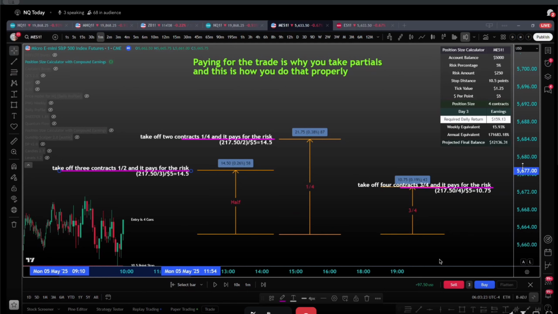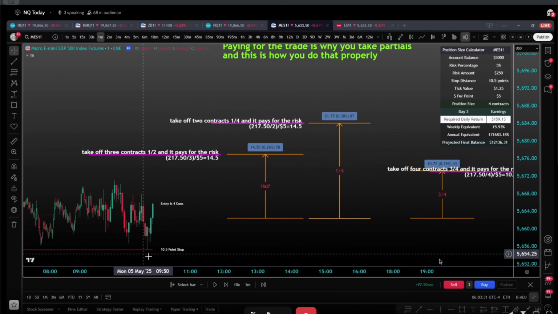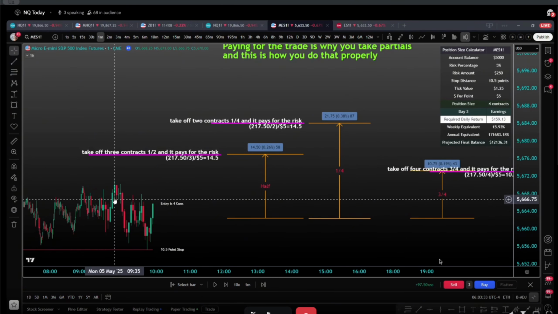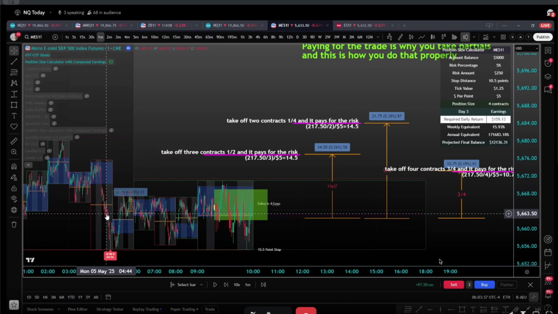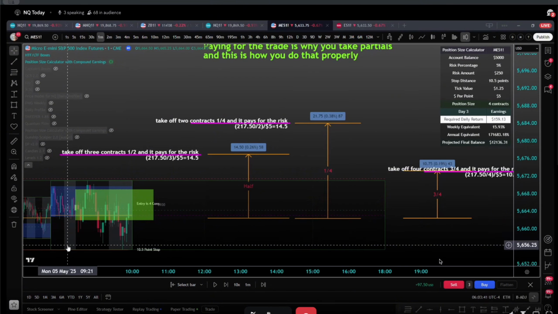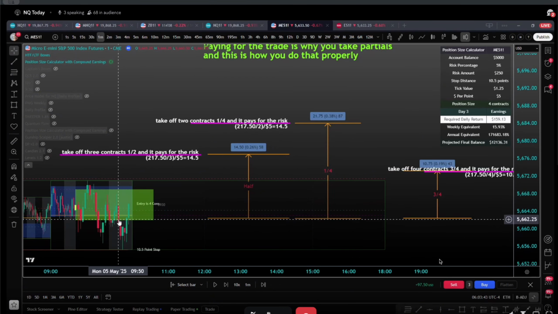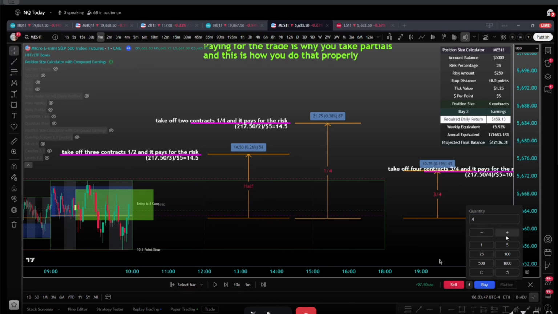If we can merge strategies, like right here, we've got a 9:45 reversal off the 9:30 price, establishing the low of the day, at least for NQ it was. We take the position here. We take our 6 contracts.